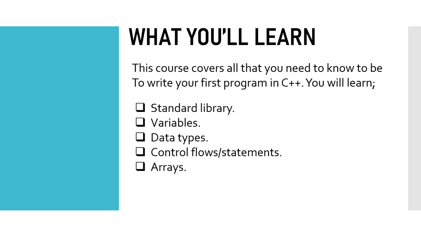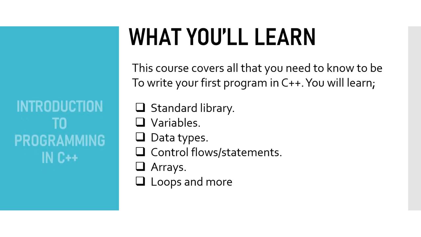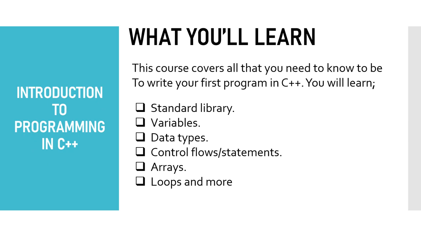Now, we talk about arrays, and then we talk about loops. There are more things that we can also talk about. We will go straight into it. Now, these are the basic concepts that come with programming, and we're going to explore all these things in order to be able to write our first program and build command line interface applications, CLI applications, right?